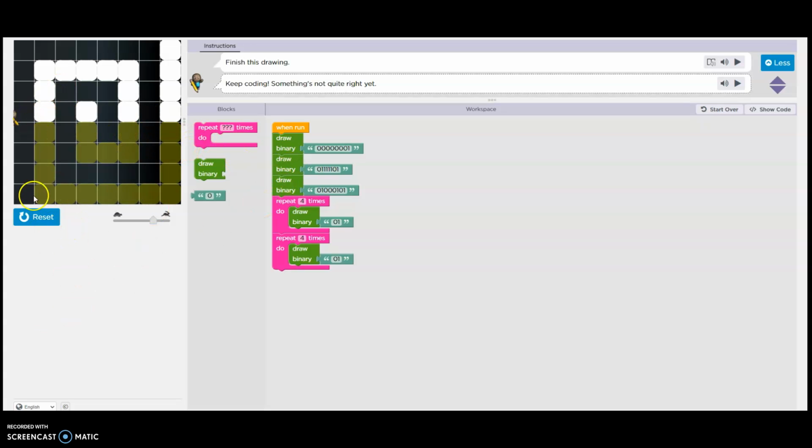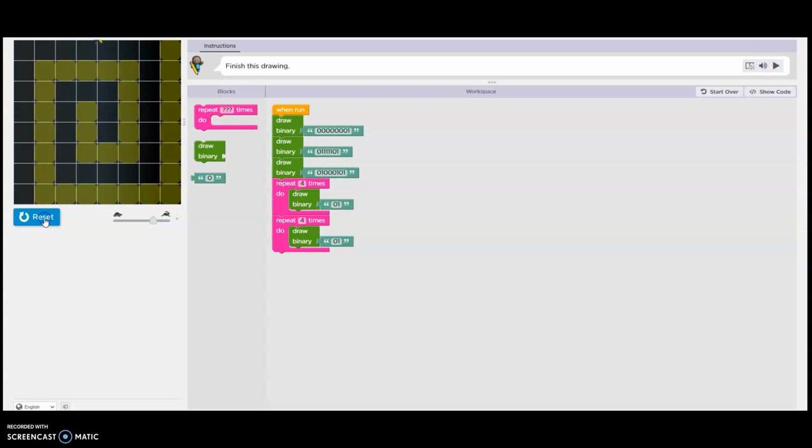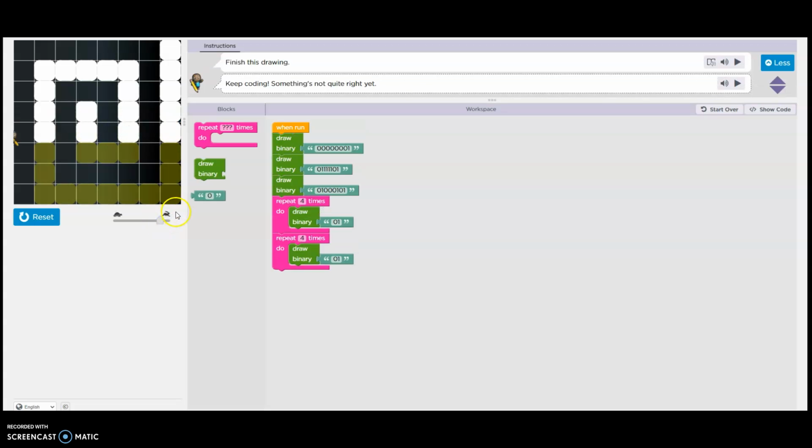Now we're just going to reset and run. I'm only going to do it the last time, so I'm just going to stop and slide. So we're up to this. We only have 3 more lines left, and then we're done.